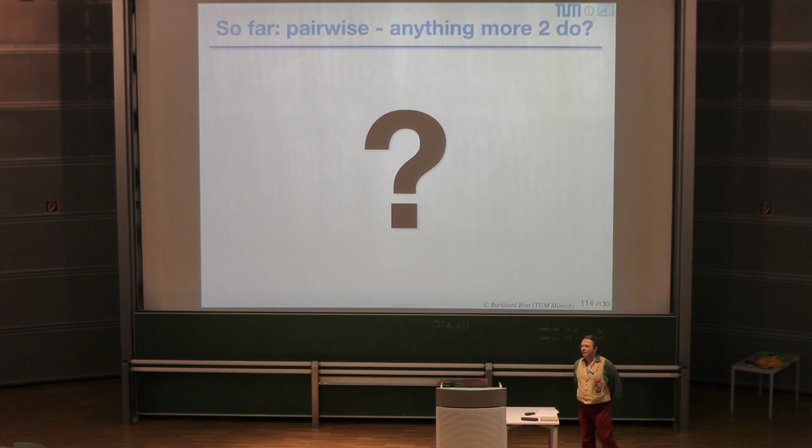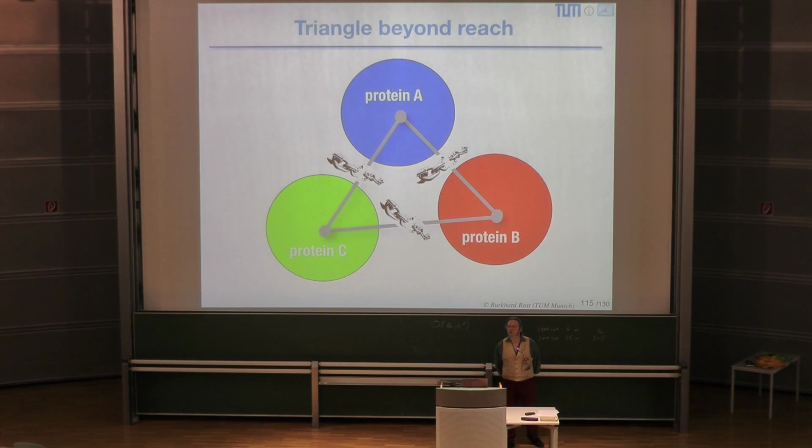Now, for pairwise alignments, we have a problem, I said. What else could we do? What is the next step up if I'm not looking at pairwise? Well, let's begin with a sort of pairwise hack, the triangular equality. Let's assume that a circle defines everything I can reach in a pairwise by some level of acceptable mistake.